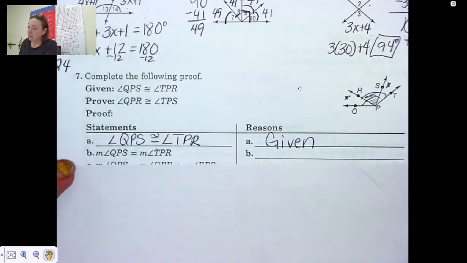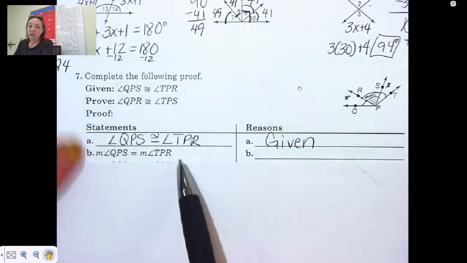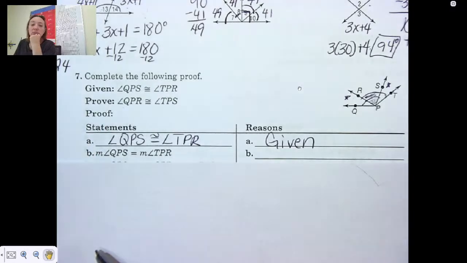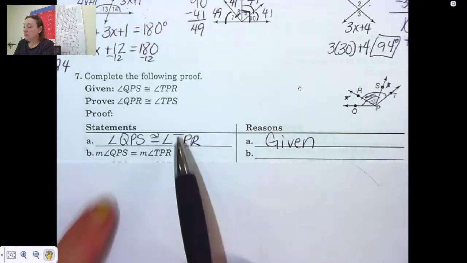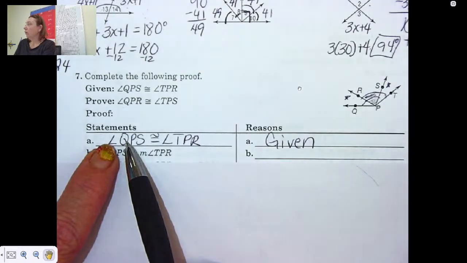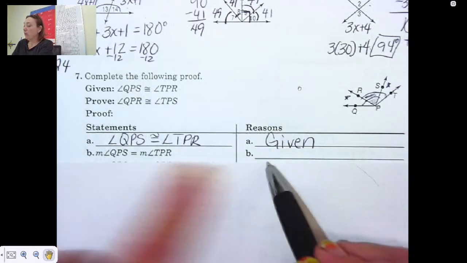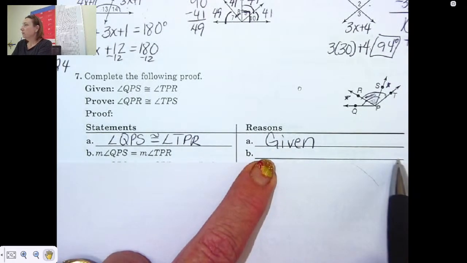Okay. Now, in our next step, what changed from here to here? What's different? So up here they're saying that they're congruent, and down here they're saying that their measures are equal. So does anybody remember how we give a reason for this?